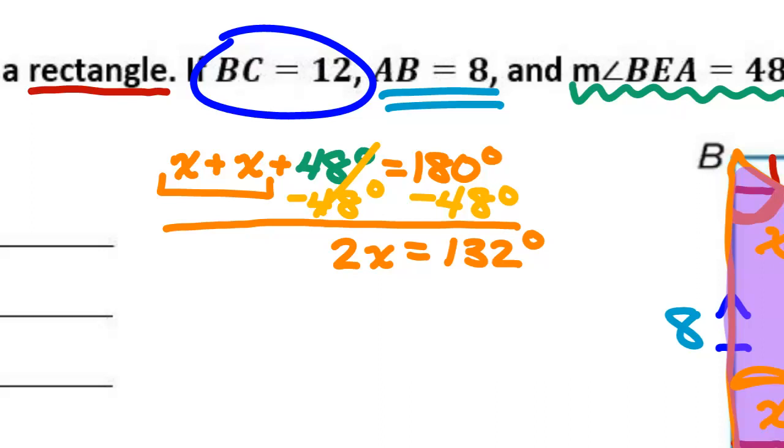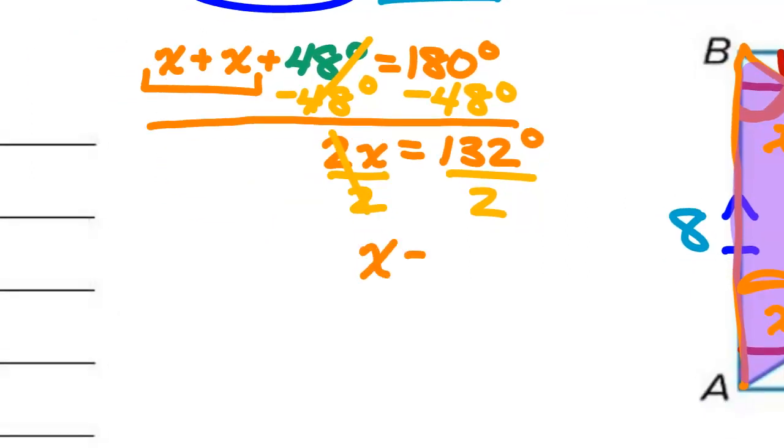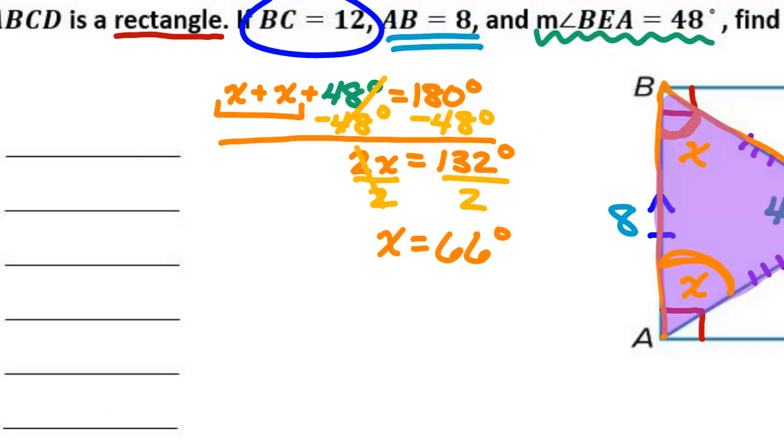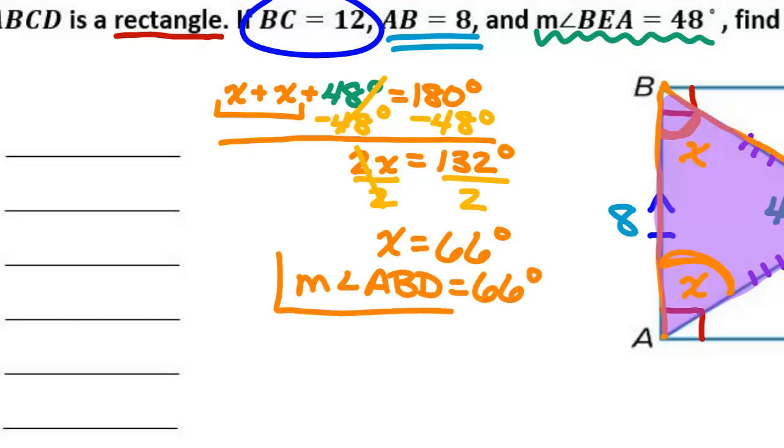Then we're going to divide both sides by 2. And I get that X is 66 degrees. And X was standing in for the measurement of angle ABD. So ABD is 66 degrees.